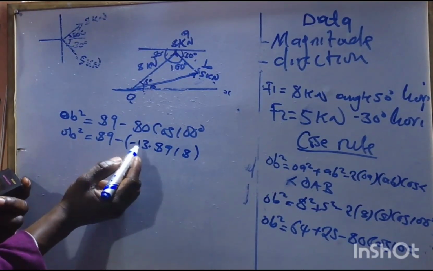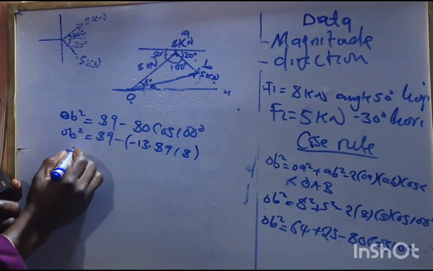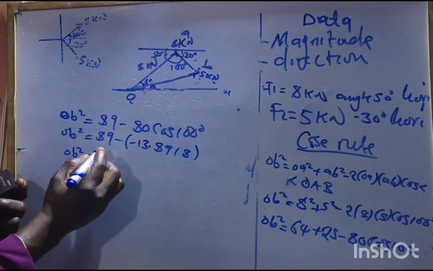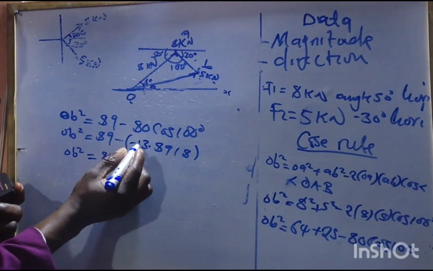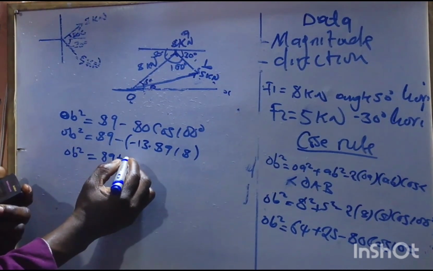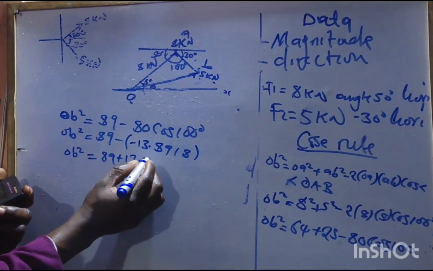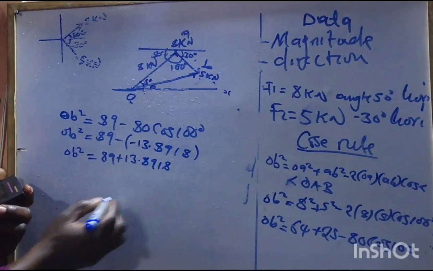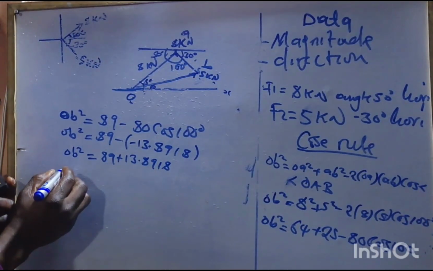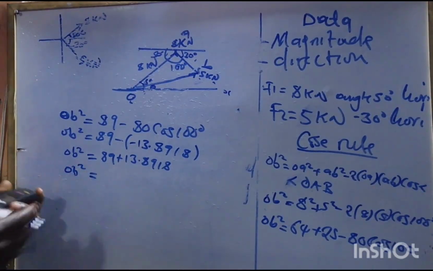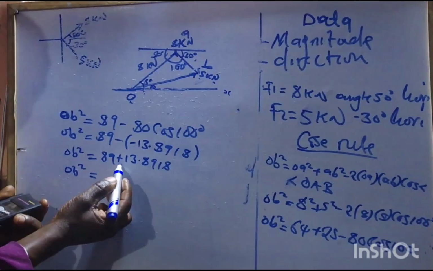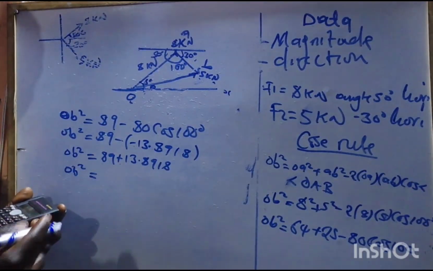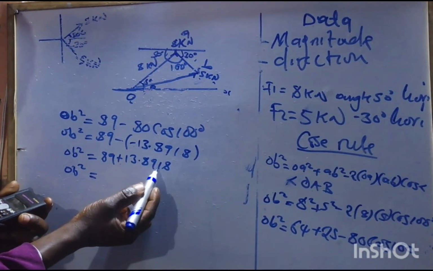Then negative times negative is positive, so you're going to have OB squared equal to 89 plus 13.8918.